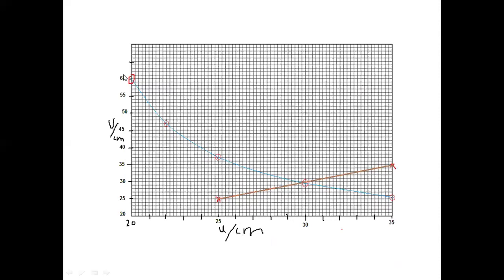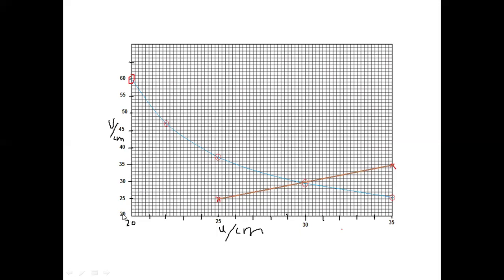The maximum value was 60 and the minimum value was about 26, right? All the readings are marked here, because there is more data.